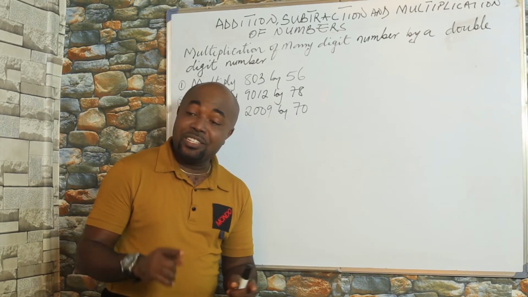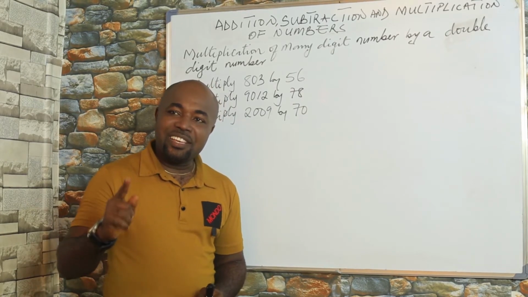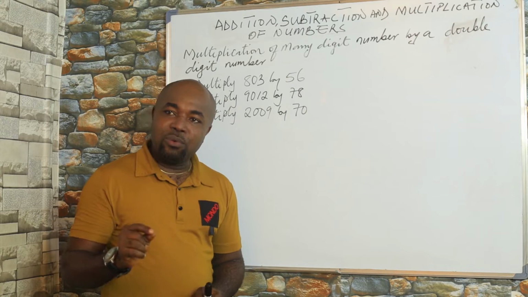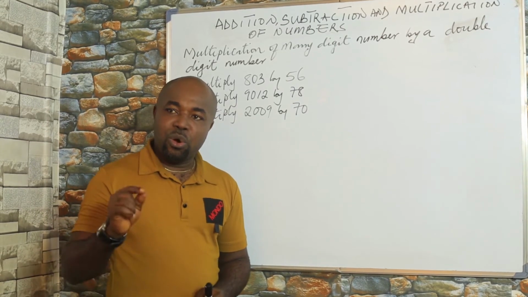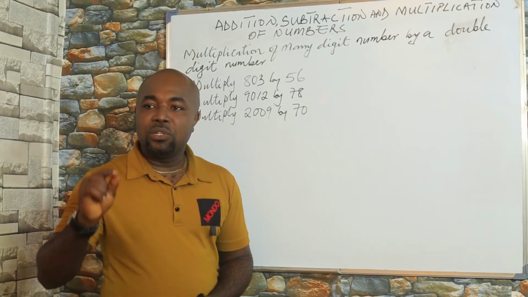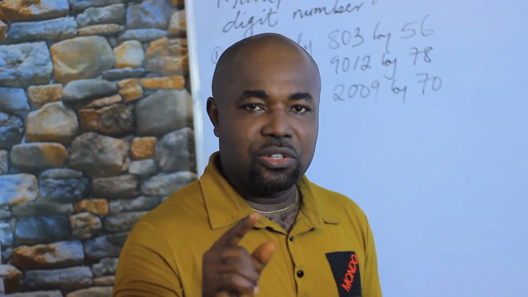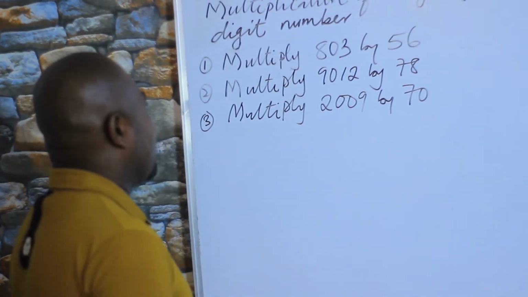The first one we did is multiplication of many digit number by a single digit number. Now we shall solve multiplication of many digit number by a double digit number. Am I communicating? Alright. Let us take the examples here.